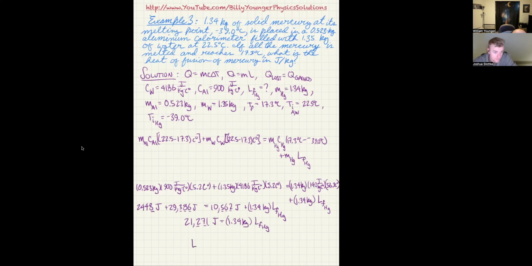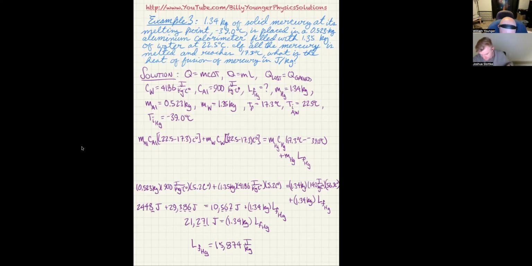That means the latent heat of fusion of mercury should be equal to 0.1271 divided by 1.34, which gives me, whoa, that's a big figure. That gives me 15,874 joules per kilogram.